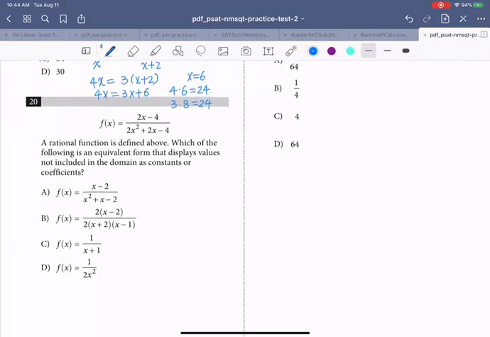Now, let's look at this. This is about factoring, all right?